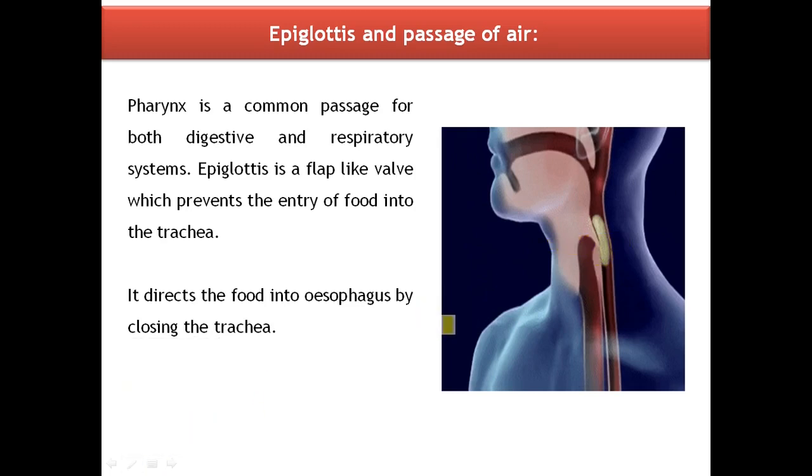Nervous regulation is important in guiding the function of epiglottis and the passage of food and air. That is why we are not supposed to talk while eating food. If we talk while eating, epiglottis also moves up. Then food particles may enter the trachea.